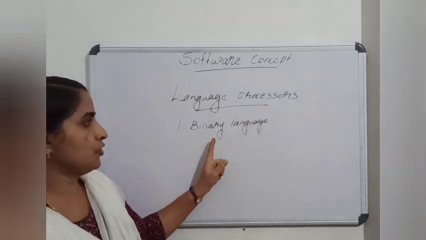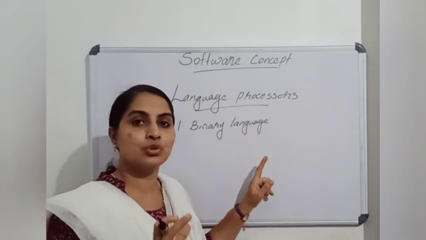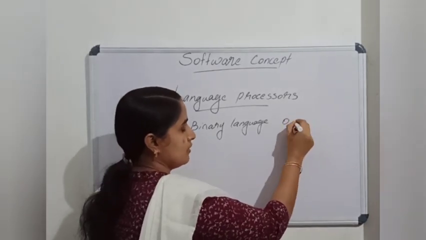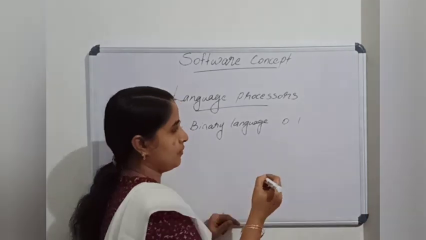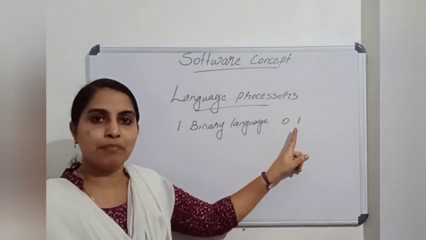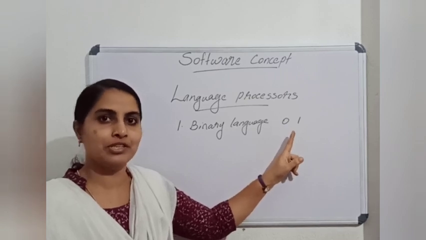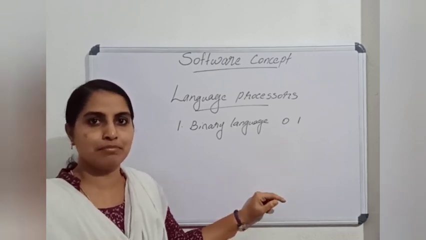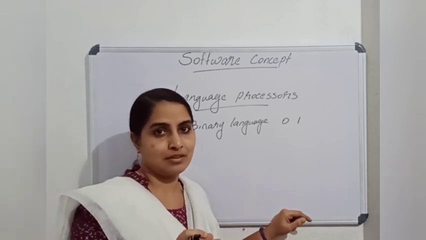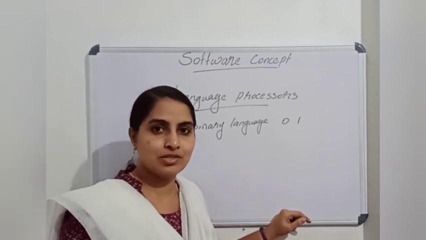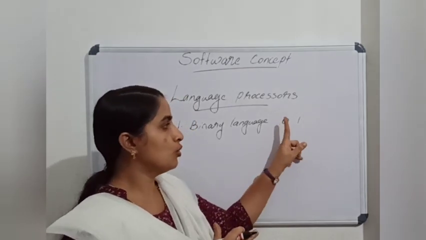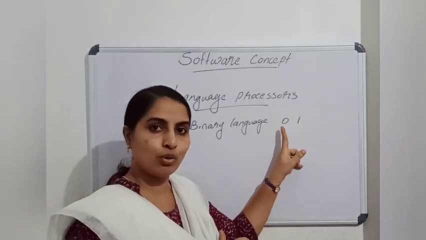Binary language uses only two symbols, that is 0 and 1. In English, we have 26 symbols, and if you want to represent anything in maths, normally we have 10 digits, 0 to 9. But in binary language, there are only two symbols, 0 and 1.